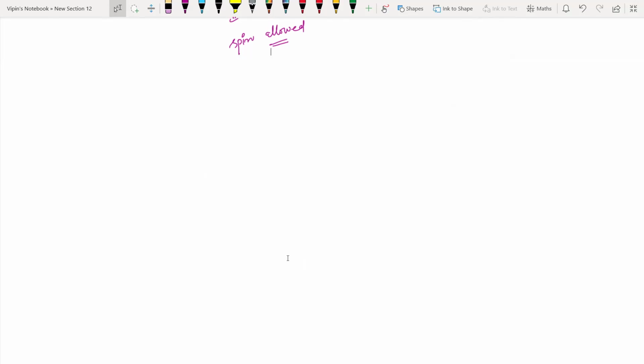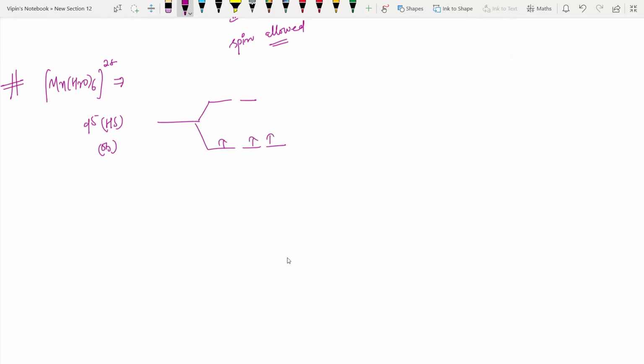For example, if we have [Mn(H2O)6]2+, this is a d5 high spin octahedral system. The d5 octahedral system is like this: 1, 2, 3, 4, 5.